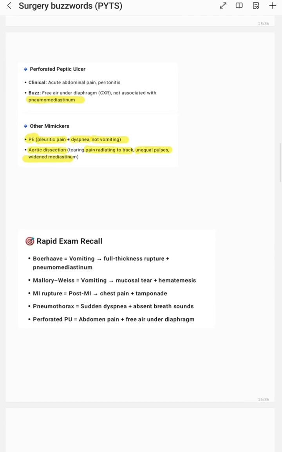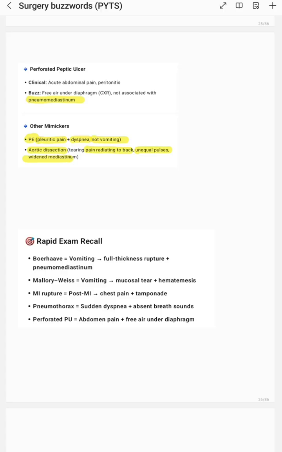Okay, so rapid recall. In Boerhaave we know that vomiting is with a closed glottis, and there is full thickness rupture and pneumomediastinum. Mallory-Weiss is a minor mucosal tear with hematemesis presentation. MI is post-MI chest pain with tamponade presentation. In pneumothorax, the patient will suddenly present with dyspnea, and when you auscultate there will be absent breath sounds, and when you percuss there will be hyperresonance.